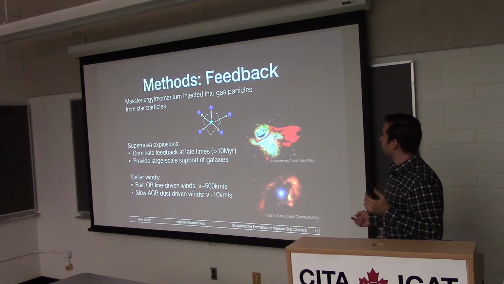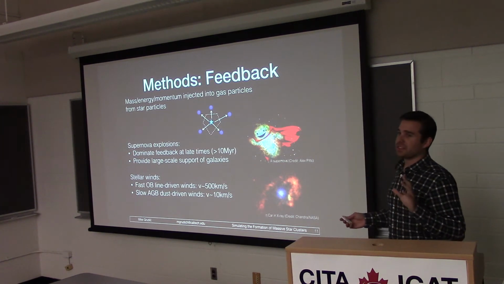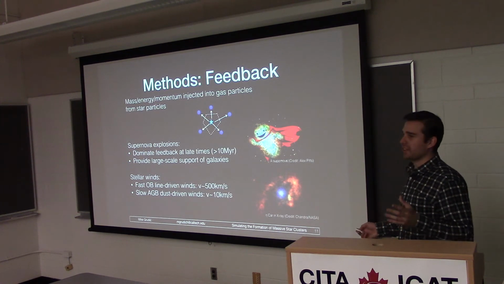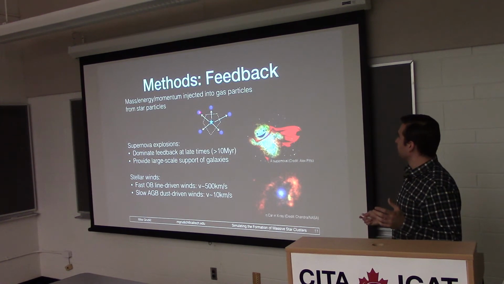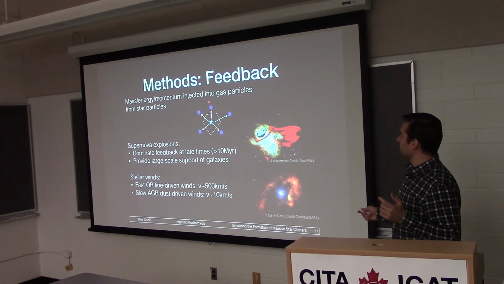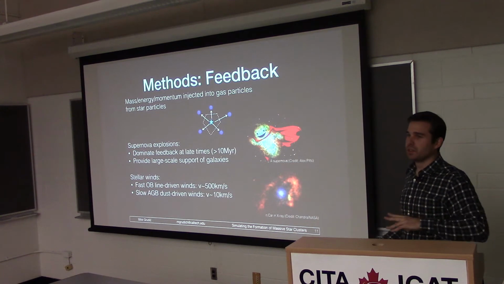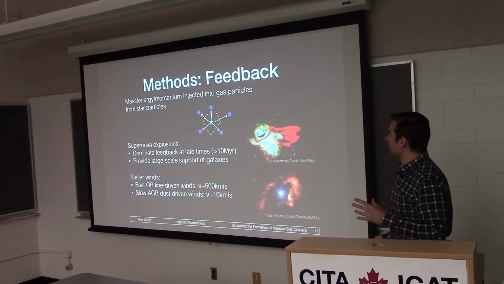But there's more feedback. So essentially, we handle all the other ways in which stars can inject mass, energy, and momentum into the ISM. The star particle, again, just sees its nearest neighbors, and we just inject those quantities via a flux conservative scheme.